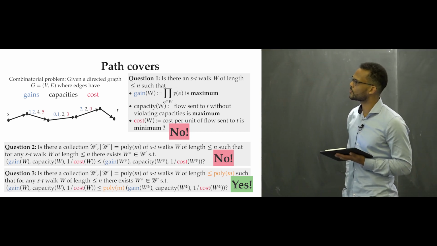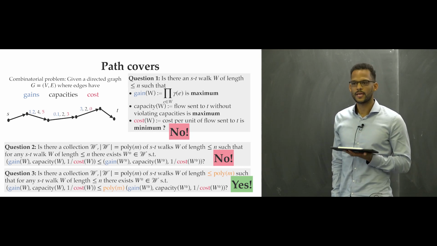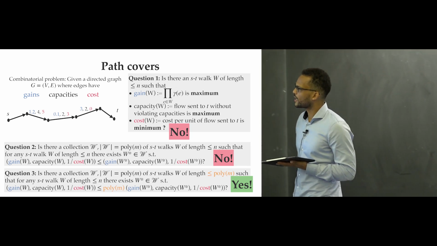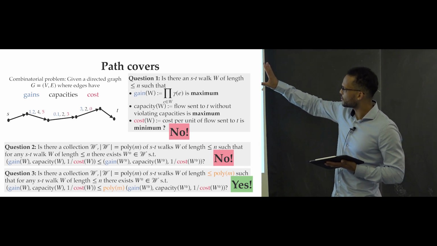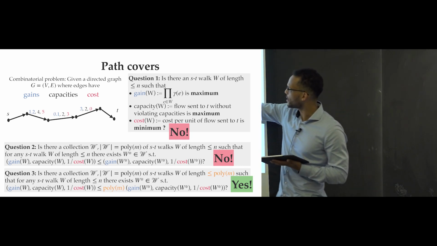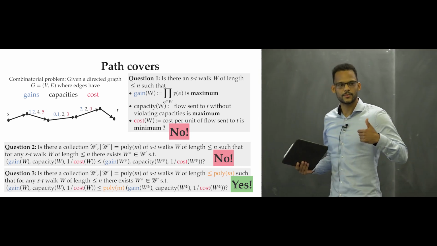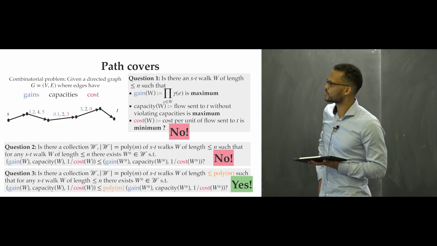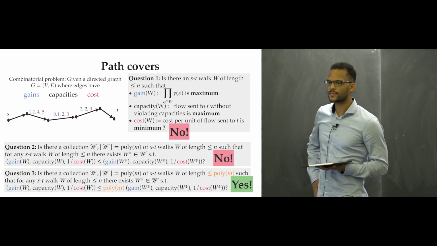Secondly, I want to be able to send more flow along this path than I would be able to send around any other path. Meaning, I can push flow to T as long as possible until any of the capacities is saturated. So I want the total flow that I can send to T on this path to be maximum. And I want to do that at the minimum cost. So for the amount of flow that I'm able to send to T, I want to pay the least price.